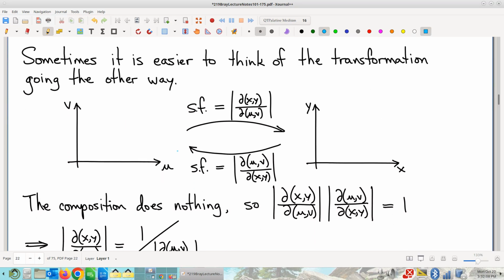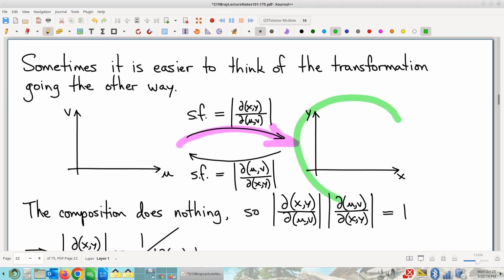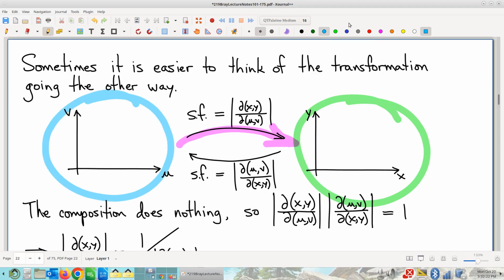Okay, so nice observation here. Let me remind you that if you have a change of variables function that gives x and y as functions of u and v, here's our stretching factor formula, old news. Let me be a little bit more specific here. You don't want to memorize these formulas in terms of letters of the alphabet, obviously.